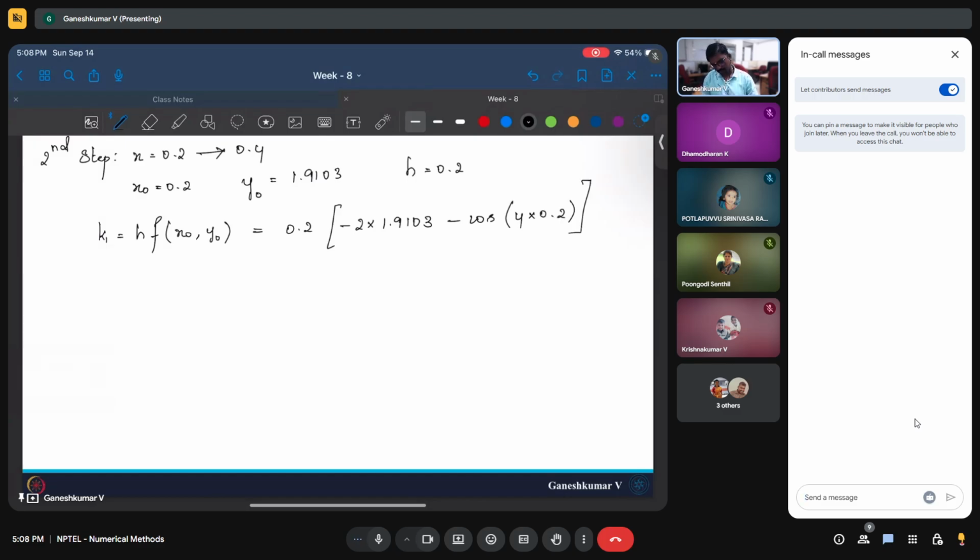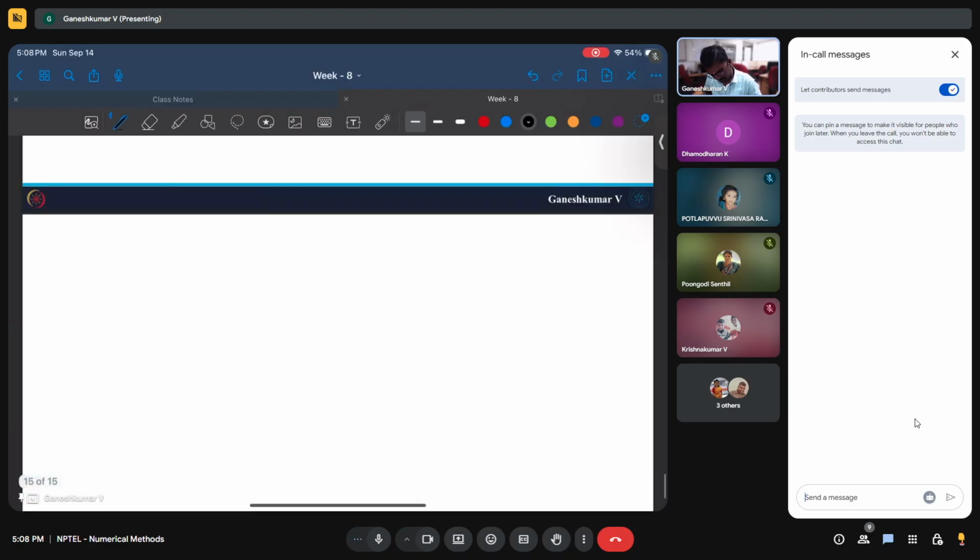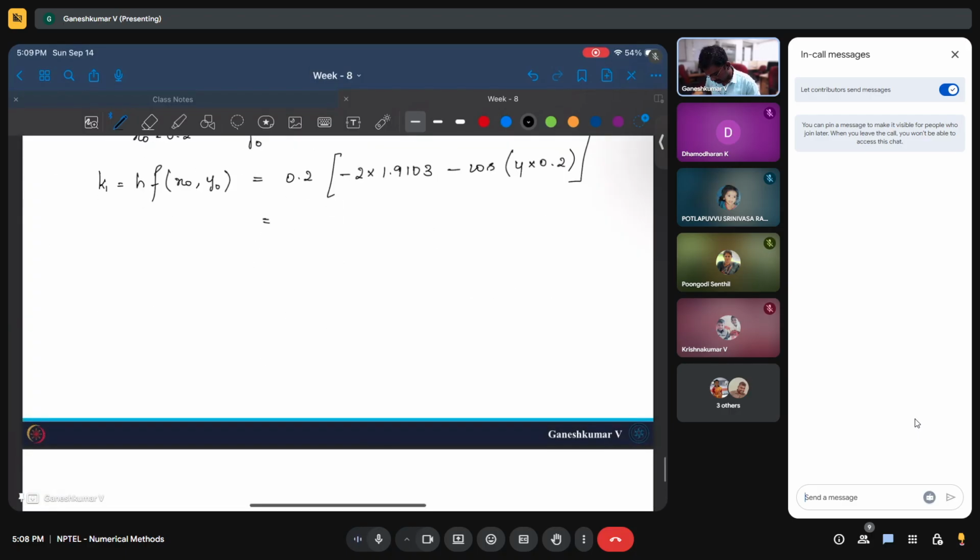I directly substituted the formula, because we all know the function, just to avoid repetition. If you substitute this, you will end up having minus 0.9035. That's the answer. Similarly I can do K2, which uses x naught plus h and y naught plus K1.